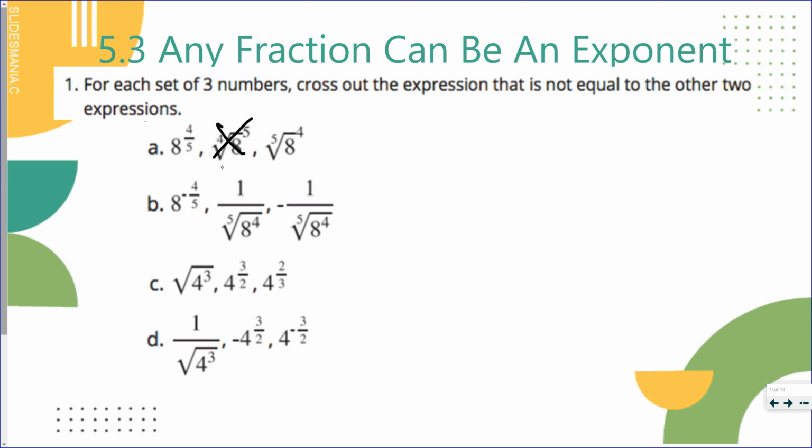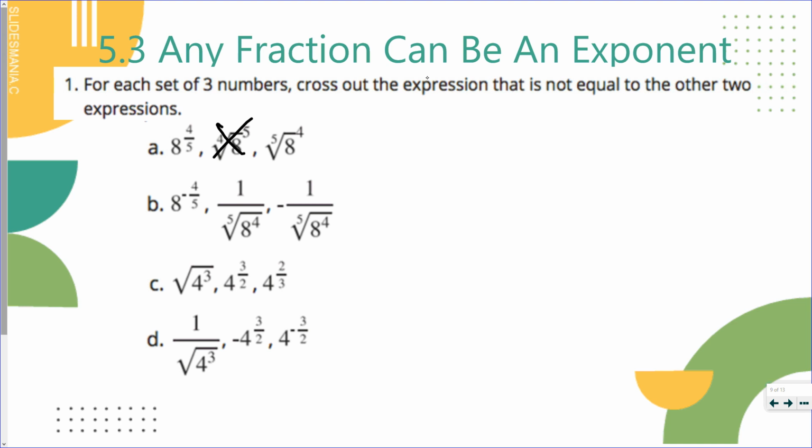Okay, same idea down here. 8 to the negative 4/5, 1 over 5th root of 8 to the 4, negative 1 over 5th root 8 to the 4. Oh, they both have the 5 in the right spot this time. Which one's the odd one out? Ooh, the negative. Remember, negative exponents.